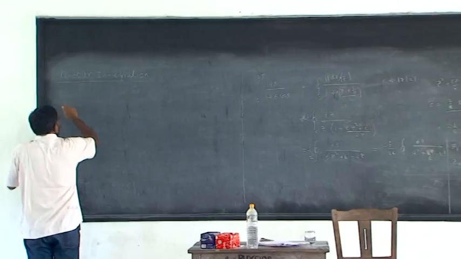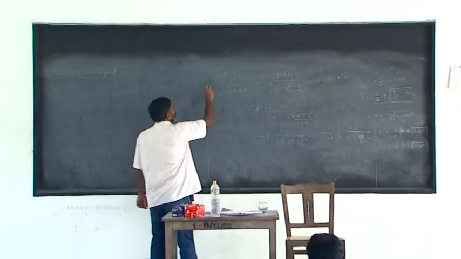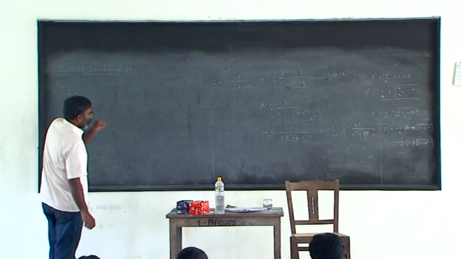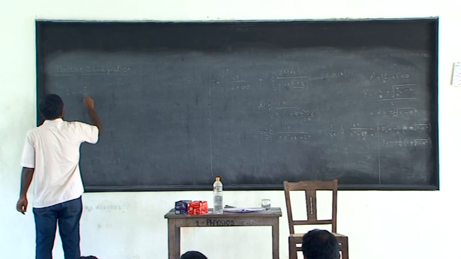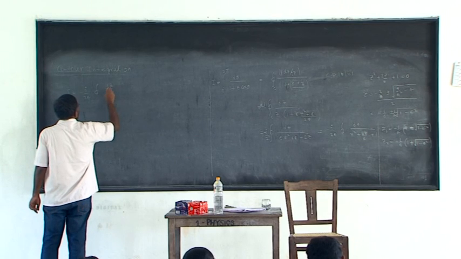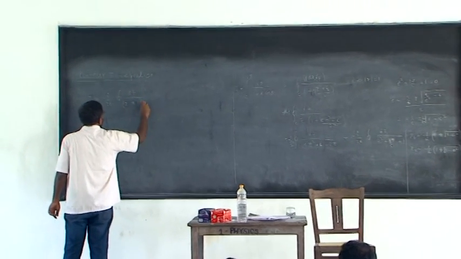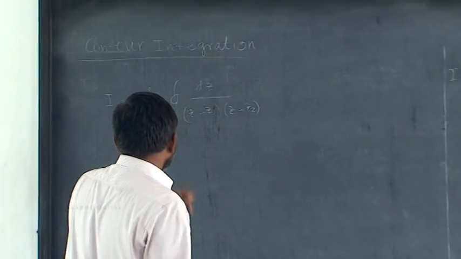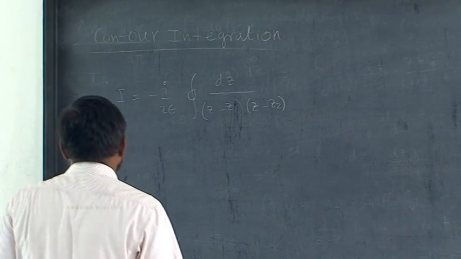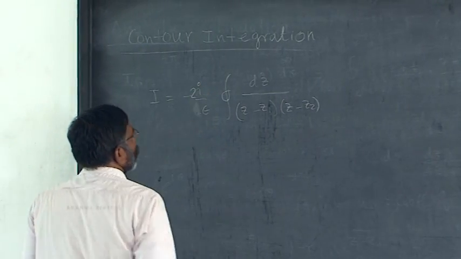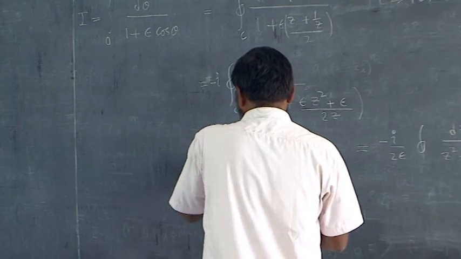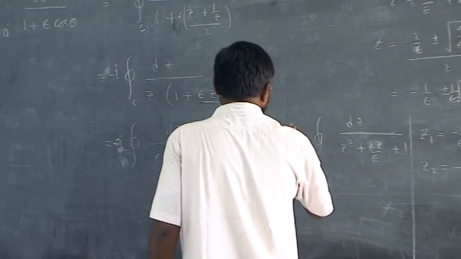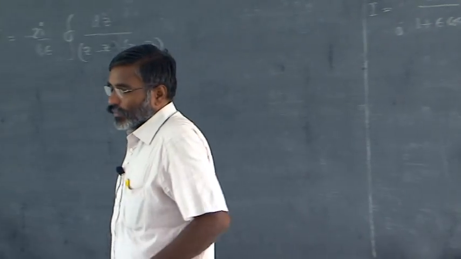So let me call this integral I. So I is equal to minus i by 2 epsilon times the integral of dz divided by (z minus z1)(z minus z2). Now, which one of these 2 roots is within the unit circle?